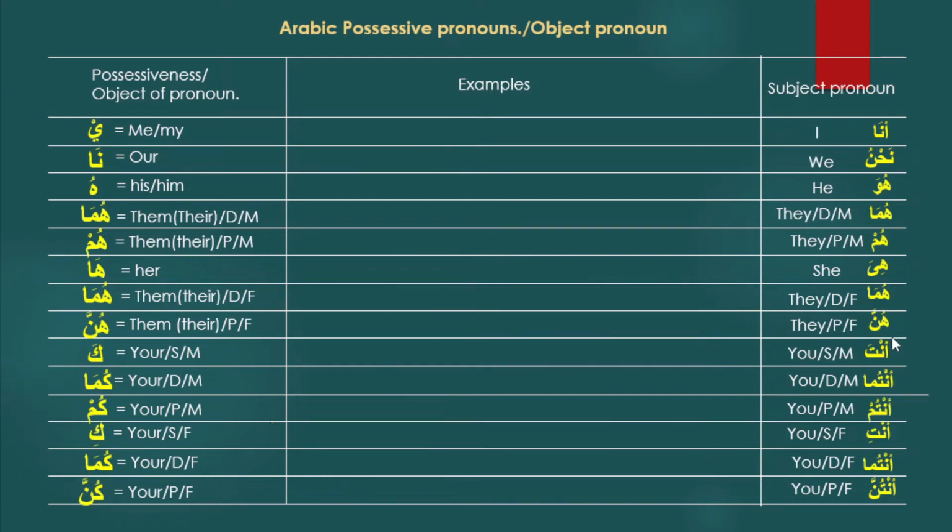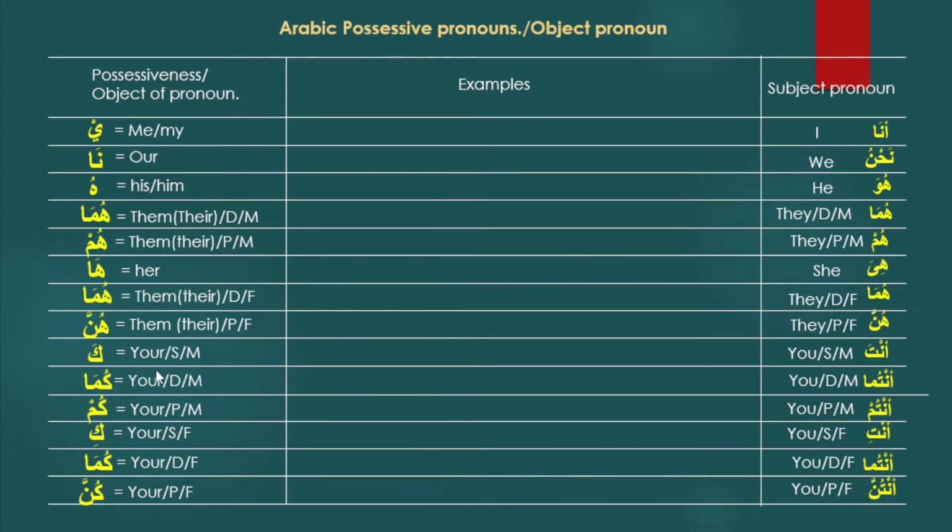Anta is the subject and the object will be ka. Just delete the alif and nun and replace the ta with kaf. Then it will be just ka. For antuma, delete this an and put the kaf instead of ta. We will get kuma. Just replace the ta with kaf, and the ma and alif remain the same.